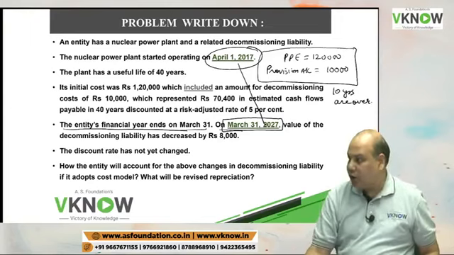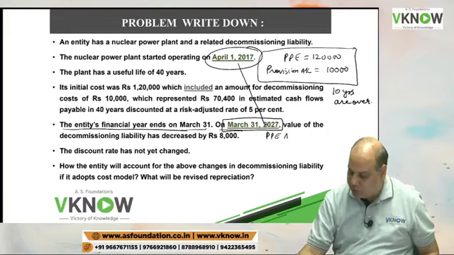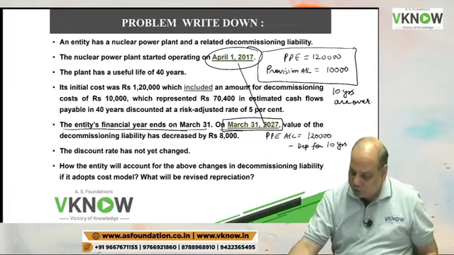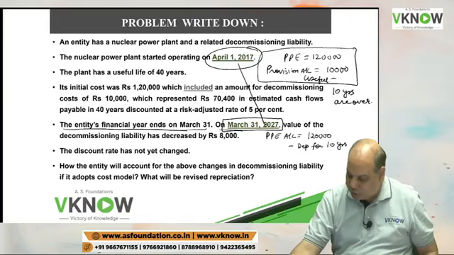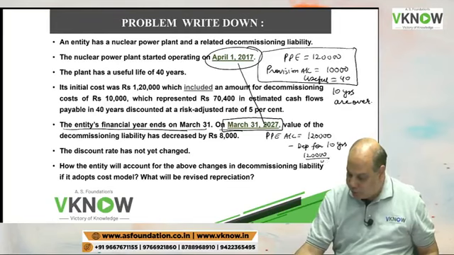If 10 years are over, my question is, what is the balance in the PPE account after 10 years? So 1,20,000 minus depreciation for 10 years, and the useful life is 40 years. So depreciation for 10 years will be 1,20,000 divided by 40 into 10.